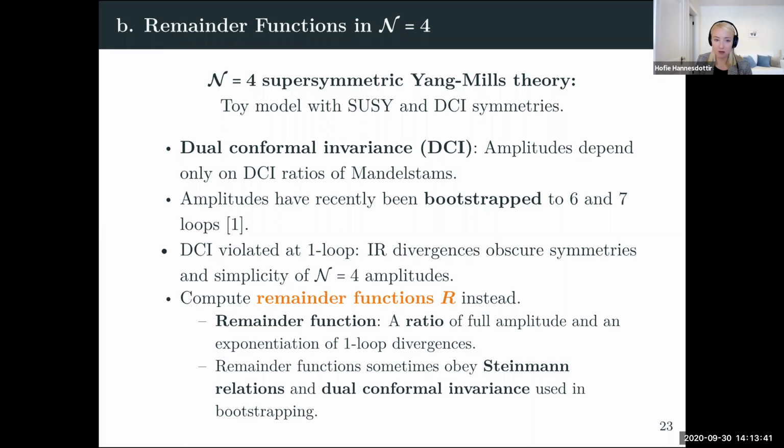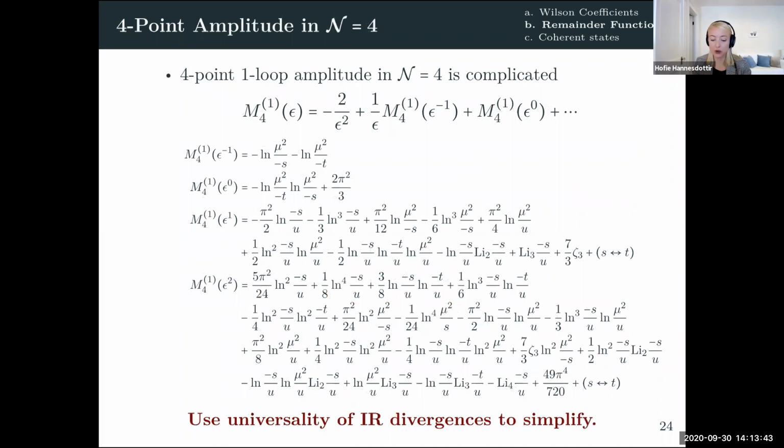So I want to flash at you what the four-point one loop amplitude looks like in N equals 4. And as you can see, this is not a simple expression at all. It's not dual conformally invariant. But what we can do is use the universality of IR divergences to simplify this.